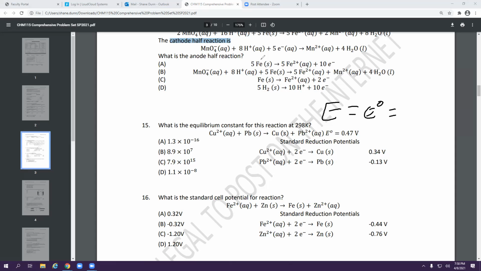Then yes, 0.0592 over n ln of K. Would it be minus? Yes, it's minus. There's a negative there. So E naught is equal to 0.0592 over n. Yes, you're correct. Sorry. Again, I'm finger painting with my hand. It's very hard to write neatly.